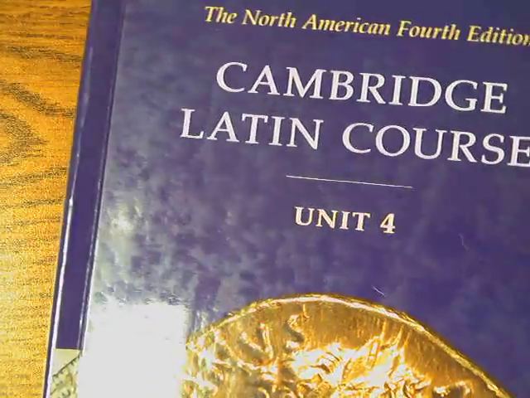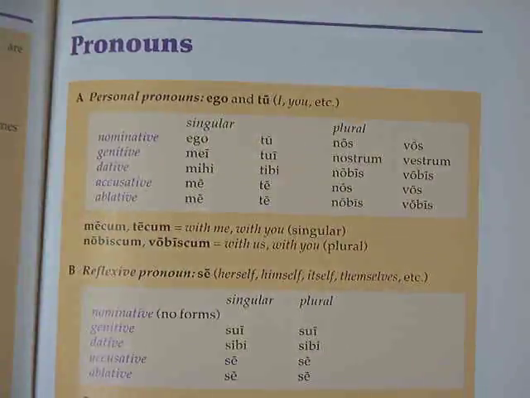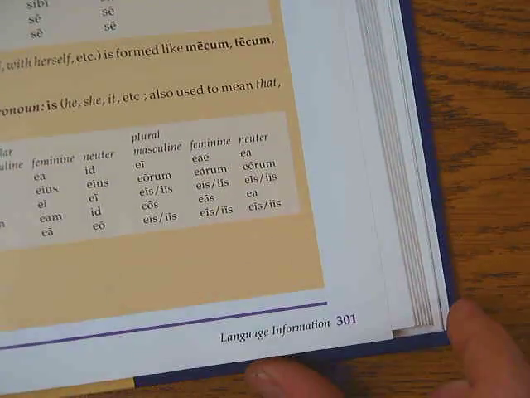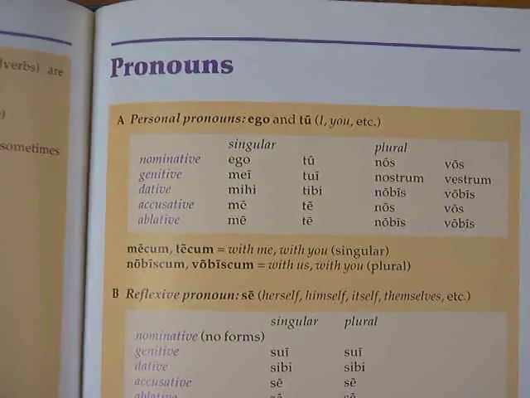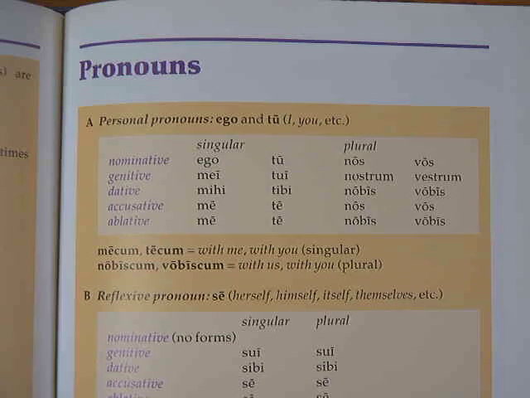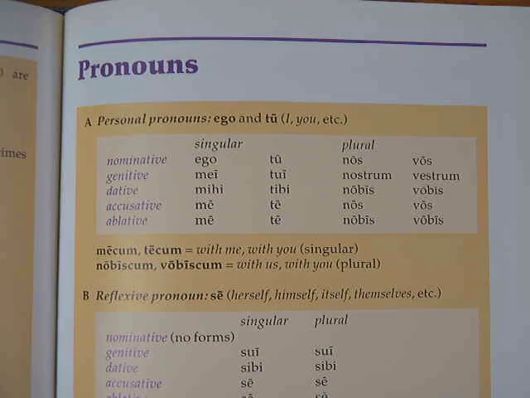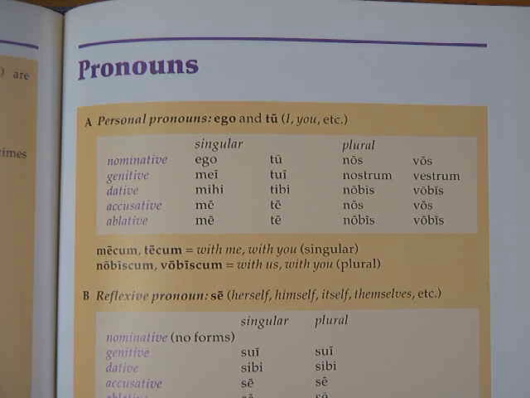I'm using the Unit 4 Cambridge book on page 301. But the Aeneid book that you have, Farr's Aeneid, and really any Latin grammar is going to have these same tables and charts for you to look at.